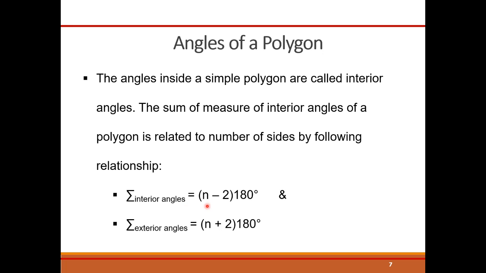So putting n equal to 3, the equation becomes (3 minus 2) times 180 degrees. 3 minus 2 equals 1, times 180 degrees is equal to 180 degrees. So you already know that the sum of all the angles of a triangle is equal to 180 degrees. It can be verified by substituting all the values in this formula.